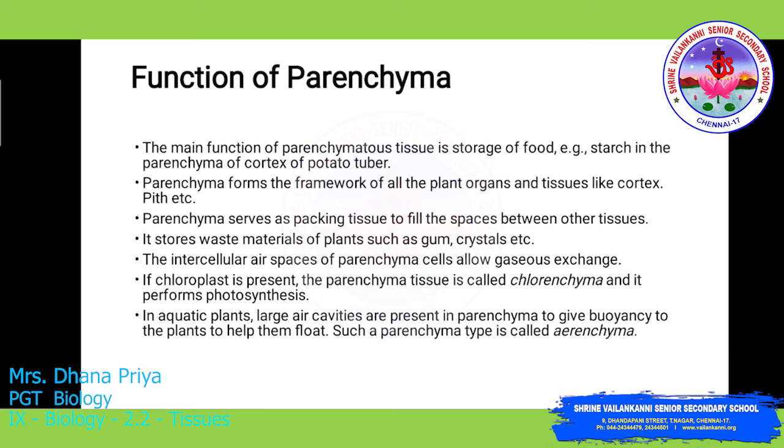It stores waste material of the plant such as gum, crystals, etc. The intercellular space of parenchyma is required for gaseous exchange. And if chloroplast is present, that cell is called chlorenchyma and it performs photosynthesis.